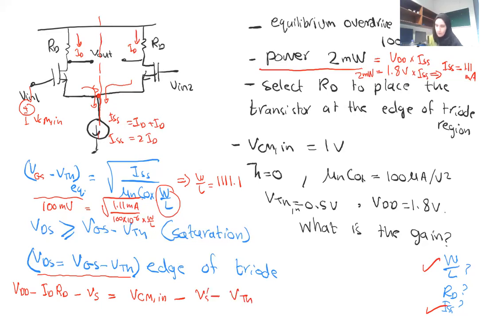Now I can cancel this VS with the VS. Okay, because in this large signal analysis, we don't make the virtual ground. That's just for finding the gain. So that's over 2.